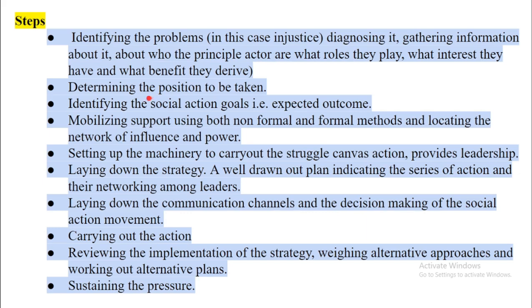Then mobilize support using both non-formal and formal methods, locating the network of influence and power. Then set up the machinery to carry out the struggle, canvass action, and provide leadership. Then lay down the strategy, a well-drawn outline indicating the series of actions and their networking among leaders, and lay down the communication channel and the decision making of the action movement.